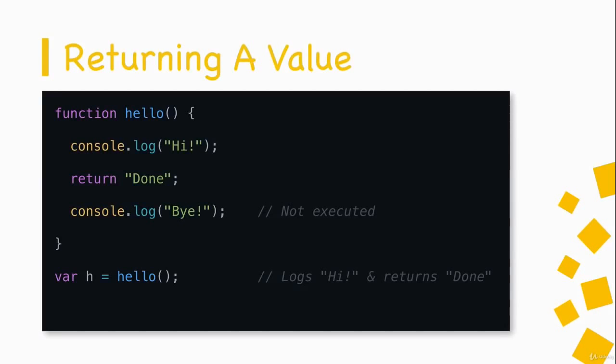And you can prove that by assigning hello to a variable. So var h equals hello and then the pair of parentheses, which logs the string hi to the console, and it returns the string done as a value, which means h now should contain the string done. And now if we check the value of h, it is indeed equal to the string done. And that's how you can return a value within a function.